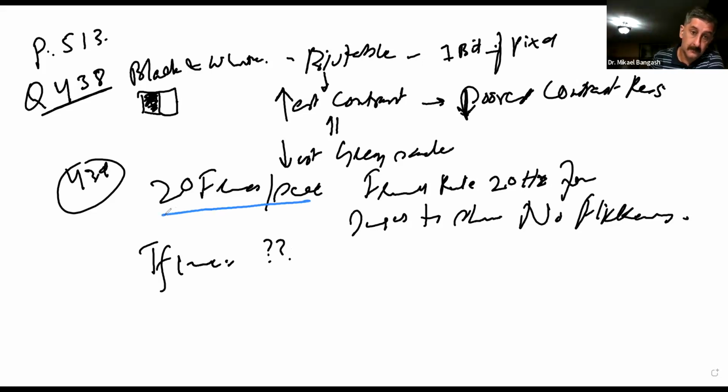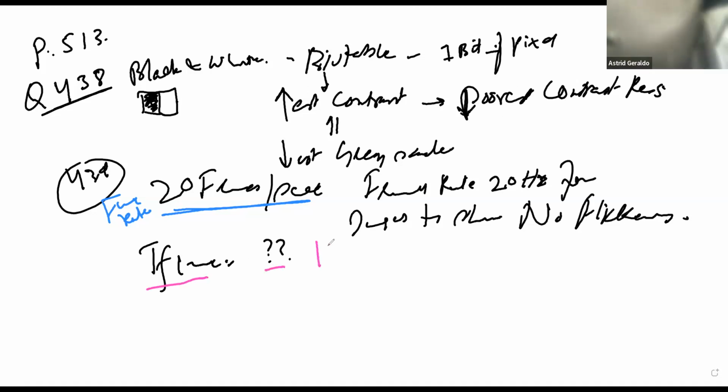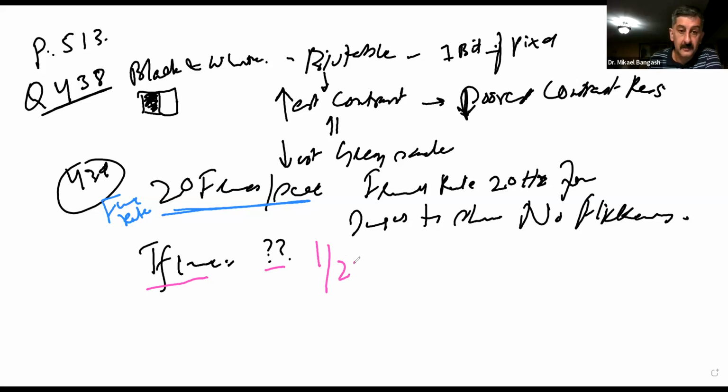If that is your frame rate, 20 frames per second, then what is going to be your T frame? 1/20.